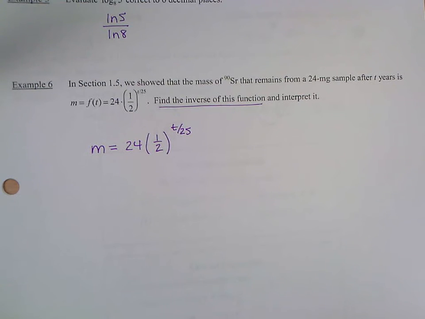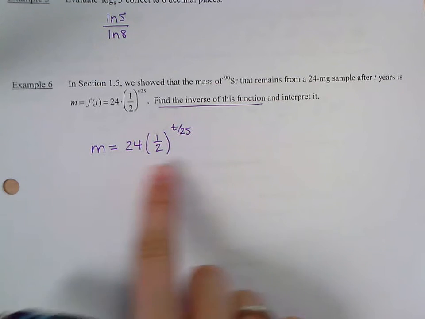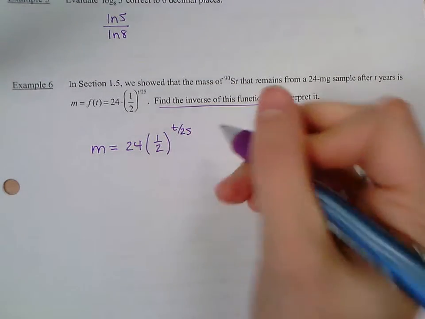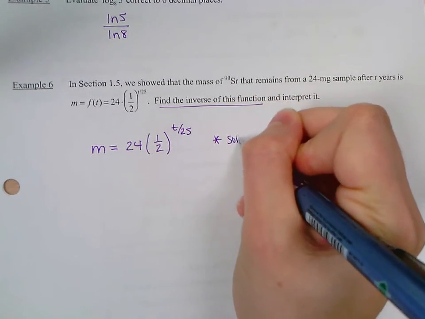You don't want to switch them, because if you switch them, now you're saying m represents time and t represents mass, and that just doesn't really make sense. So don't switch the variables if they represent specific quantities. Leave them where they are. You just solve for the other variable. So to find the inverse, I would solve this for t.